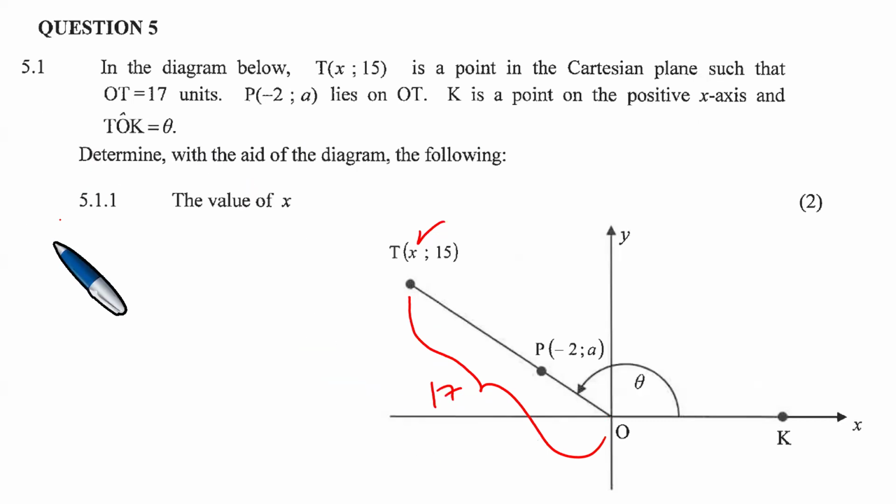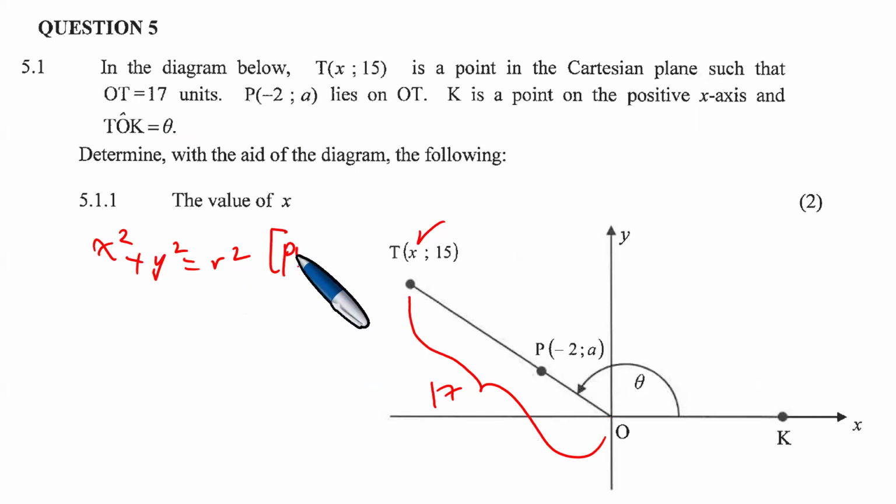What we need here is Pythagoras theorem: x squared plus y squared is r squared. So this is Pythagoras.